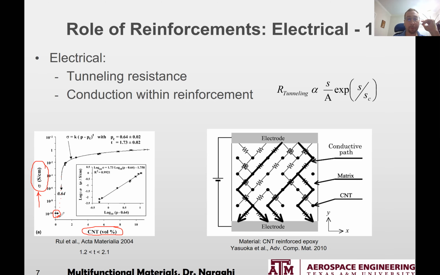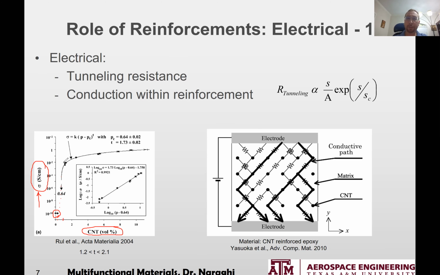So going from, let's say, 0.2% to about 1%, a little bit increasing carbon nanotube content will increase the conductivity by about 8 to 10 orders of magnitude. Obviously, the amount that it increases depends on a lot of factors, but it's typically always this high, many orders of magnitude.